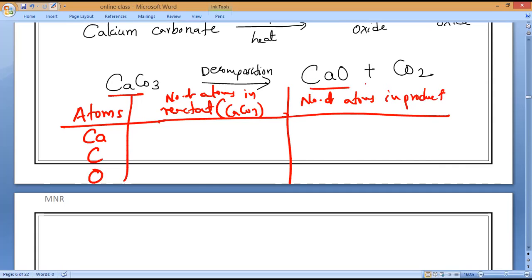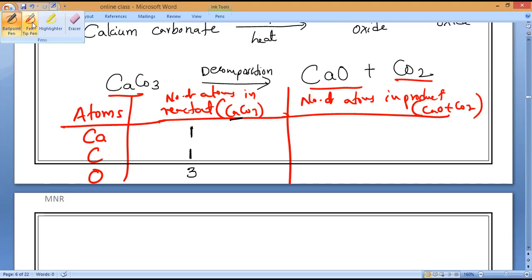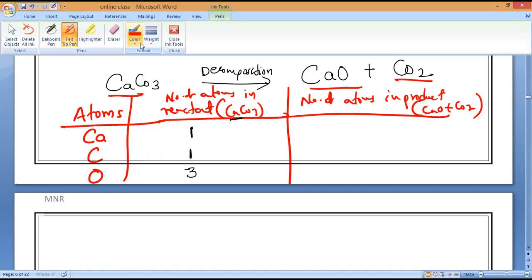Product side means you have to consider everything, CaO plus CO2. Now tell me please, reactant side, how many calcium? 1, sir. Carbon 1. And oxygen, how many, Hari? 3. Okay. Now, product side, check it, everybody. What is the product side?